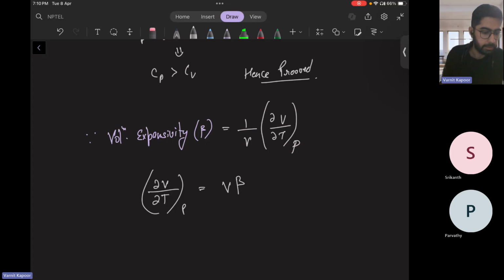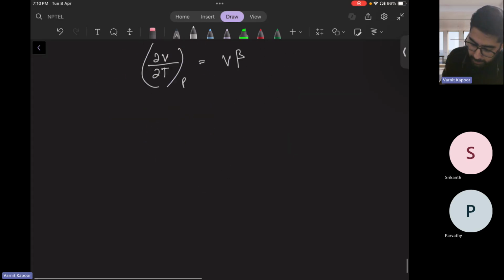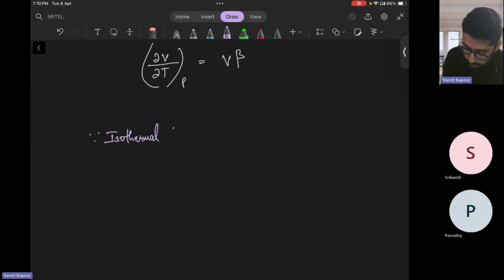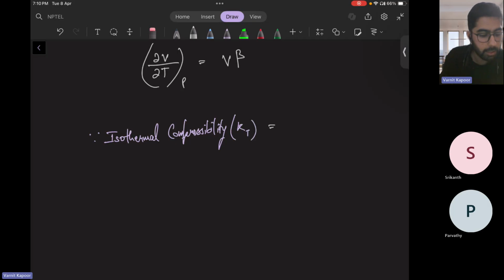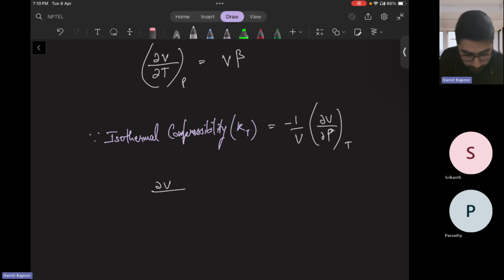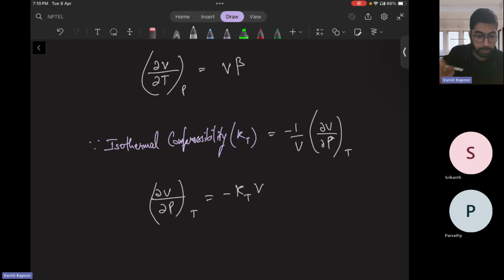Okay, and since we know that isothermal compressibility kT is nothing but minus 1 by V ∂V by ∂P at constant temperature, from here ∂V by ∂P at constant temperature can be written as minus kT times V. Okay, put these two values in the above equation.